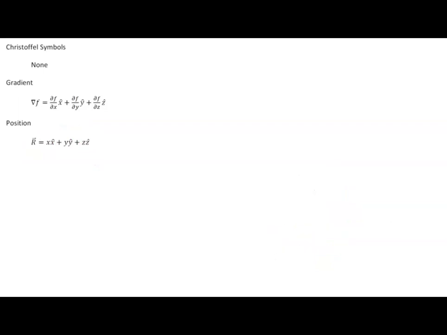Okay, next thing we'll do is to derive the velocity and acceleration expressions. And for that we'll use the tensor calculus formulas we derived for the velocity vector components and the acceleration vector components.